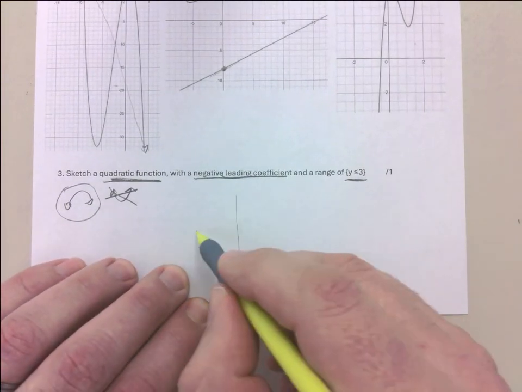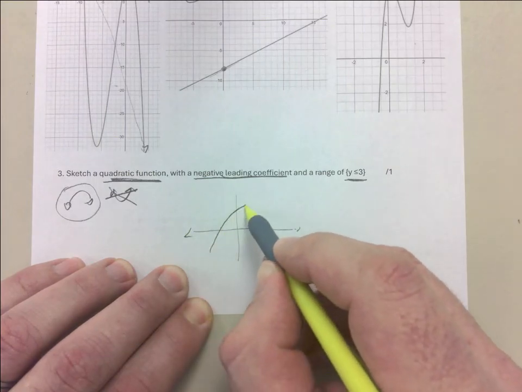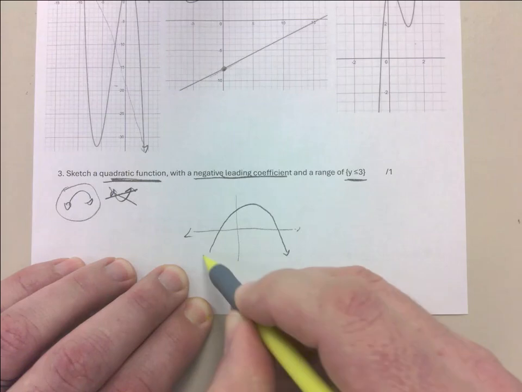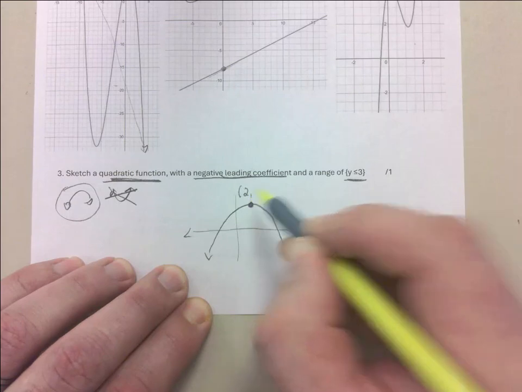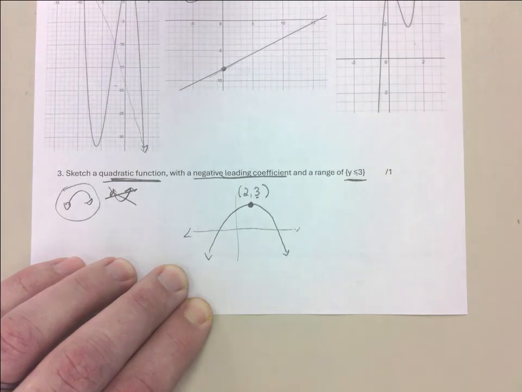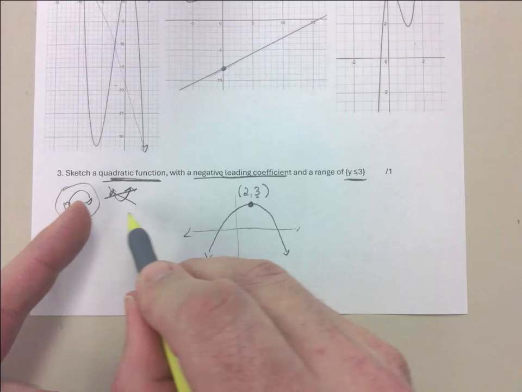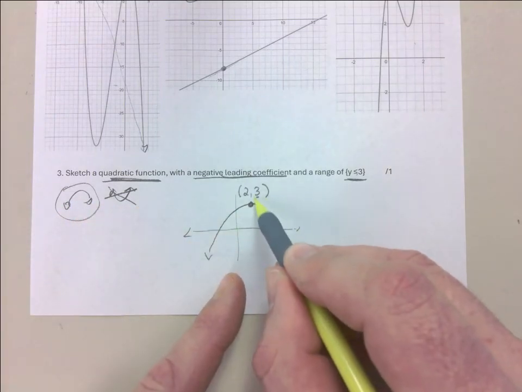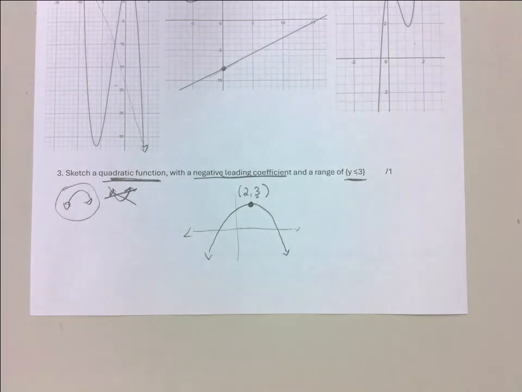So basically, what I would do is make the vertex be the top here, and just make sure that the vertex has a y-coordinate of 3. That's what I'm looking for. It doesn't matter where you put this parabola, as long as the highest point is 3, you're good to go, okay? So 1 mark, all or nothing here. There's no halfers on this one.